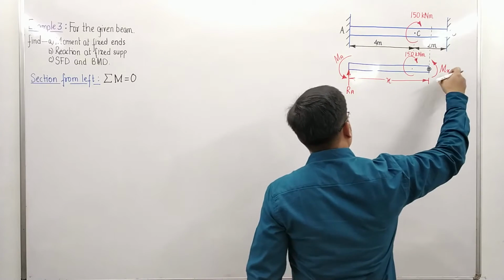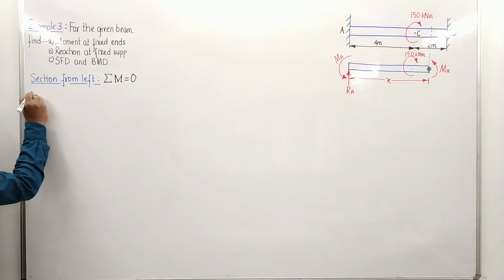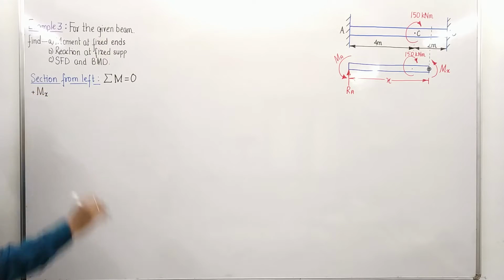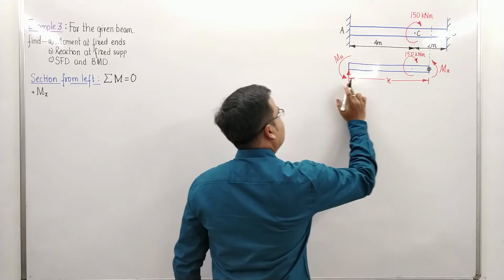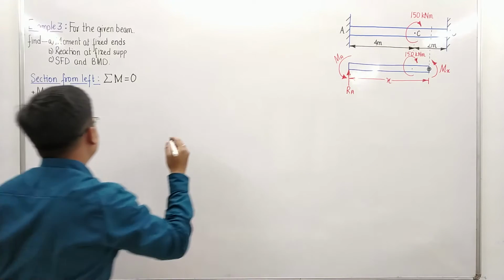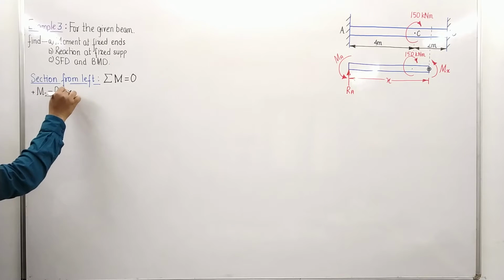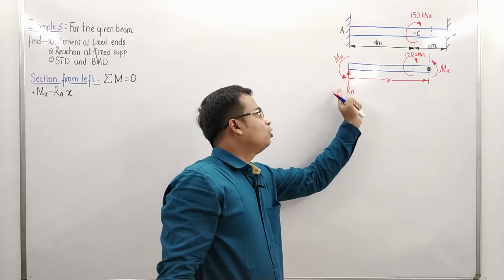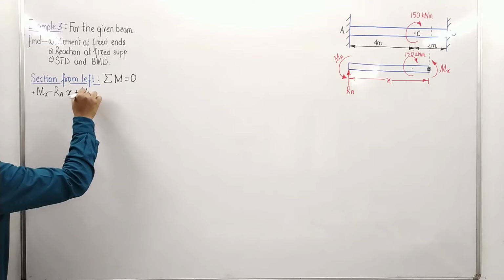Starting from this Mx, the moment across this cross section, it is anti-clockwise, therefore a positive sign, and this is going to be Mx. Anything else? Well, apart from this we have RA multiplied by x. RA times x is clockwise, therefore minus sign, minus RA times x. Then we've got this fixing moment, anti-clockwise, that's why positive. So this is going to be plus MA.